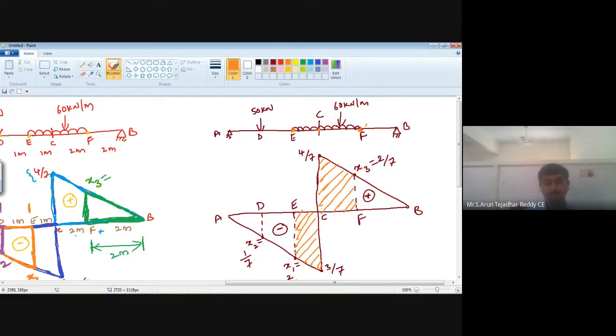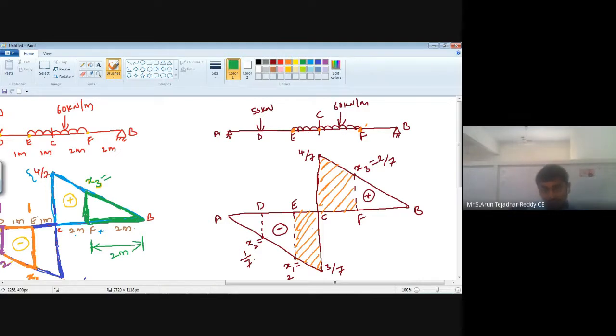Okay. Why have we considered the shaded portion? Because the total E to F is acting as a uniformly distributed load, so we can take the full area from E to F. That is the reason I have considered a shaded portion. Now, if you observe clearly, first I am talking about the downward portion.